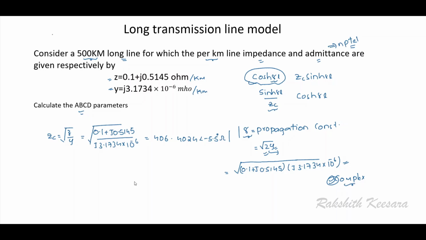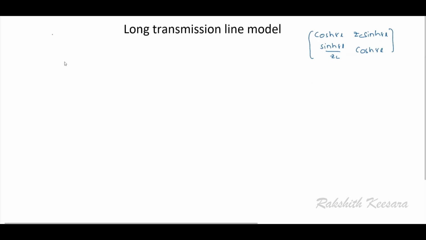So to simplify the analysis, we will approximate our ABCD parameters by using Taylor series. Here, the Taylor series of cosh γl will be equal to 1 plus γl square by 2 factorial plus γl power 4 by 4 factorial and so on.